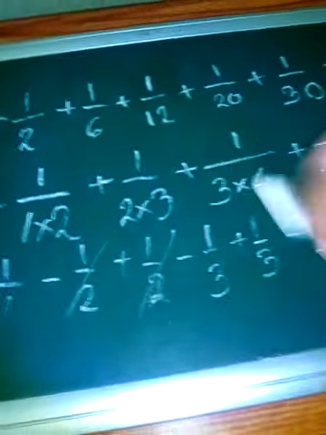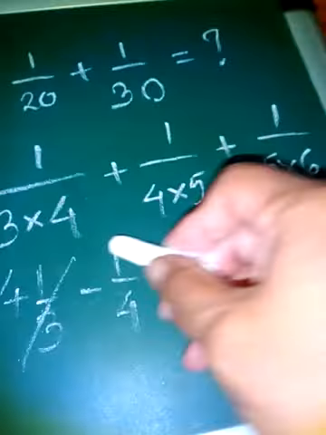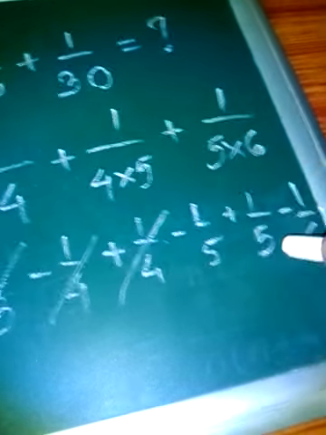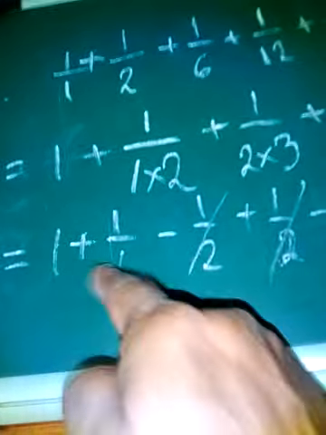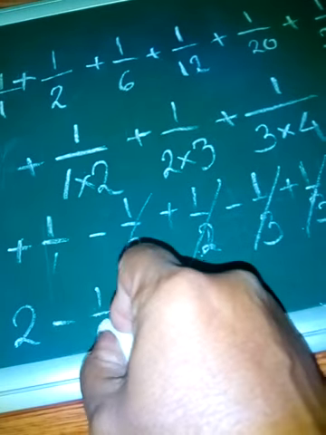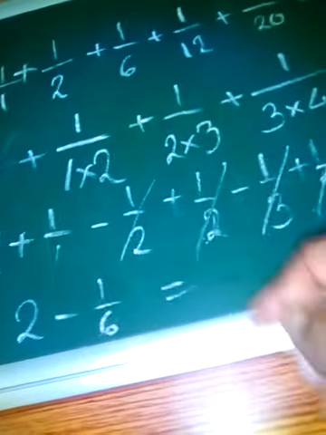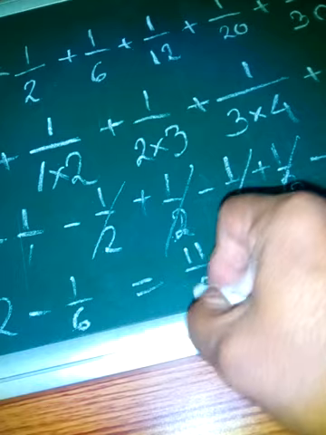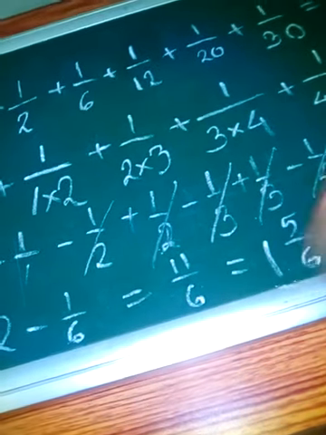And if you observe, minus 1 by 2 plus 1 by 2, minus 1 by 3 plus 1 by 3, minus 1 by 4 plus 1 by 4, and minus 1 by 5 plus 1 by 5 get cancelled. We have 1 plus 1, 2, minus 1 by 6. So that is 6 into 2, 12, 12 minus 1 is 11, 11 by 6, or you can also write as 1 integer 5 by 6.